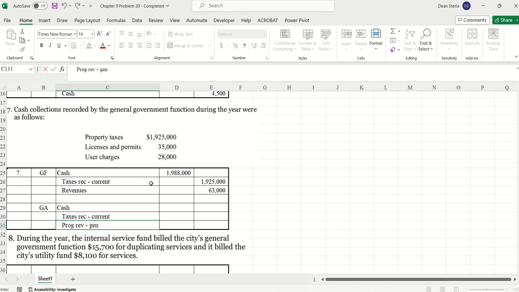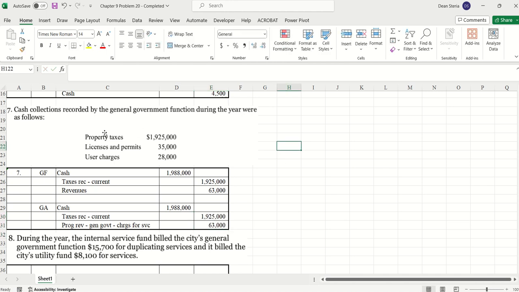Program revenue, general government charges for services. Okay. So again, it's going to mirror this up here because we're just copying from the general fund to the governmental activities. So we're just going to have our 1988. We're going to have our 1925 and the 63,000 right there.